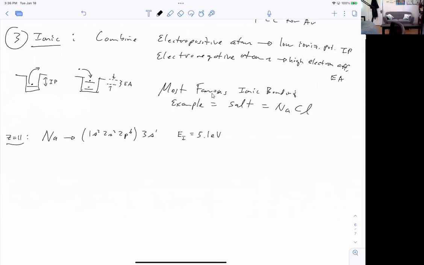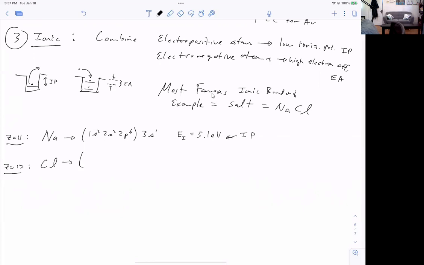And then I have chlorine, which is Z equal to 17. And so electrons like to jump off of sodium. That's the ionization potential.